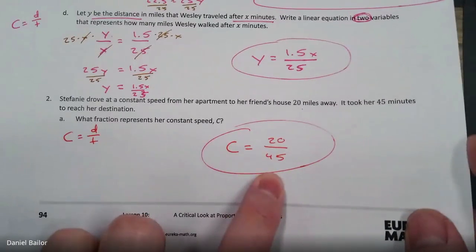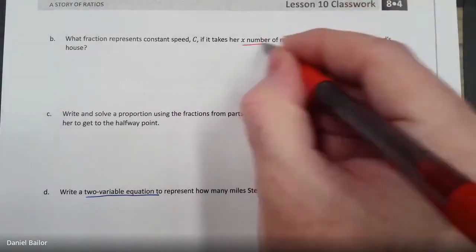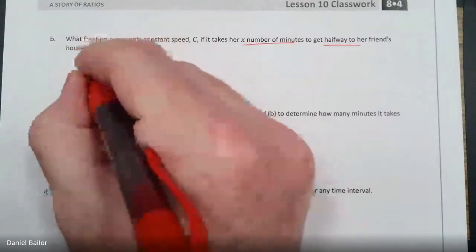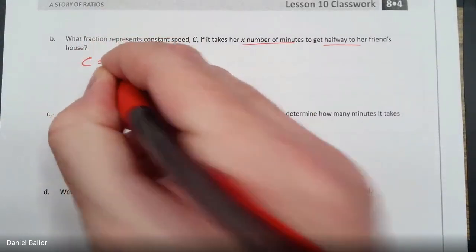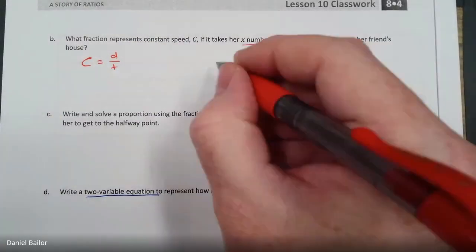So you should have got this. Check your work. That's her speed. Let's see how you did on part B. What fraction represents her constant speed if it takes her X number of minutes to get halfway to her friend's house? So we have X minutes and we're going halfway. Still, speed is distance over time. But this time, what is her speed for part B?